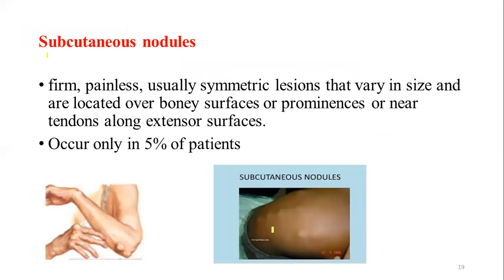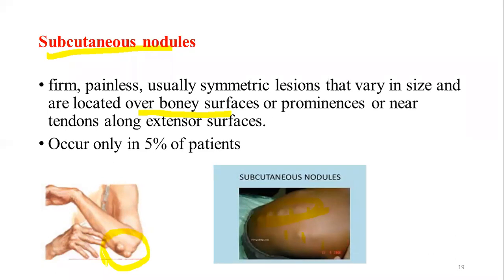The next one is because of skin involvement: it can cause painless, usually symmetrical lesions that can vary in size, especially located on the bony surfaces. Those are the nodules due to acute rheumatic fever, commonly seen symmetrically in these areas.